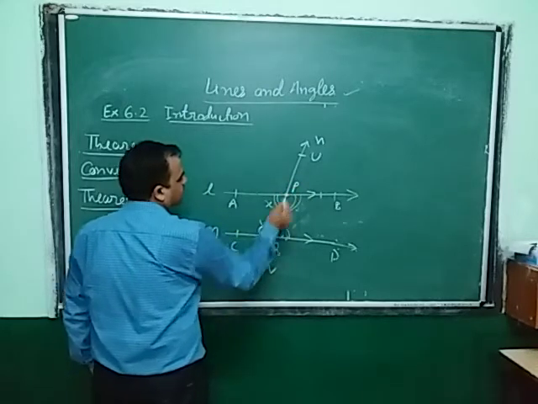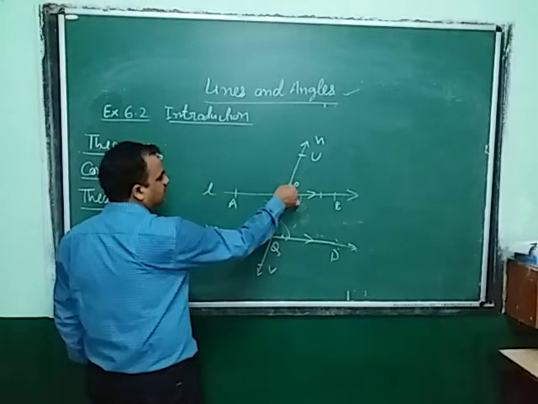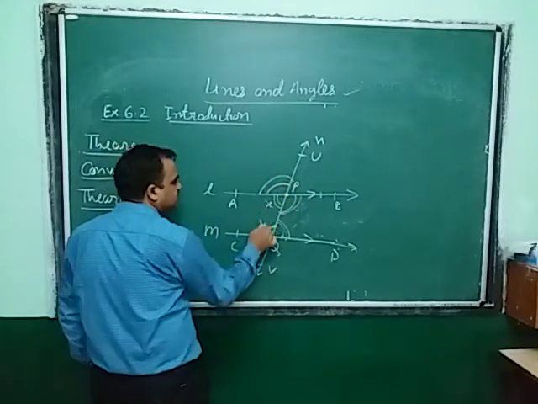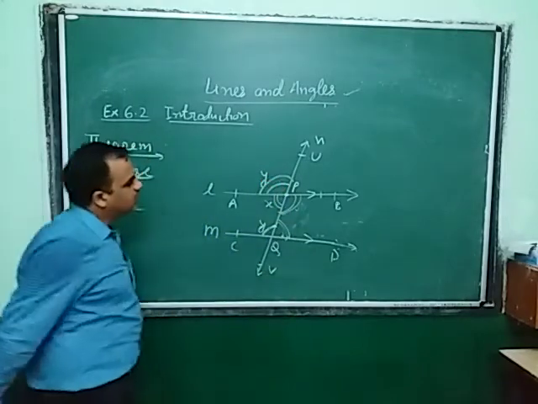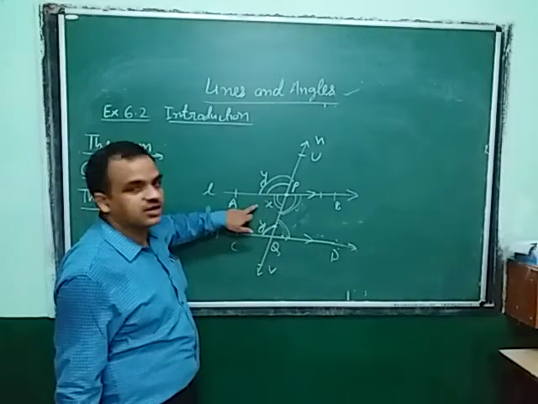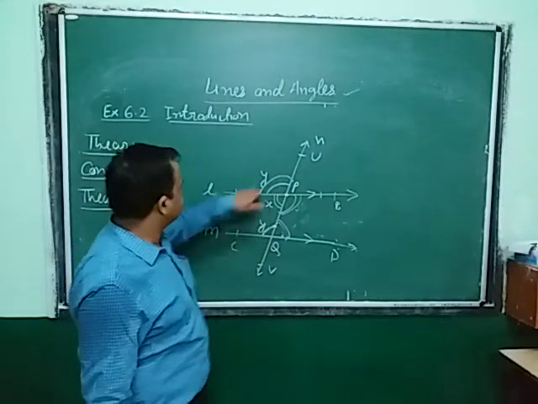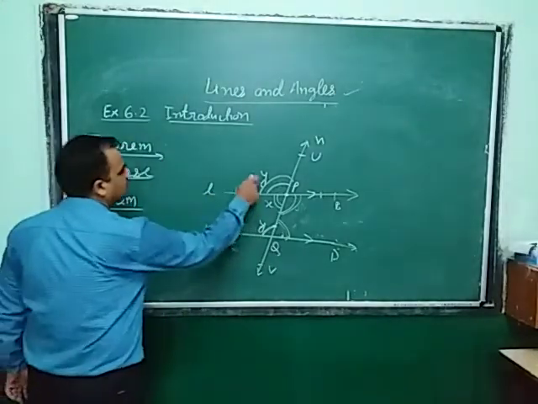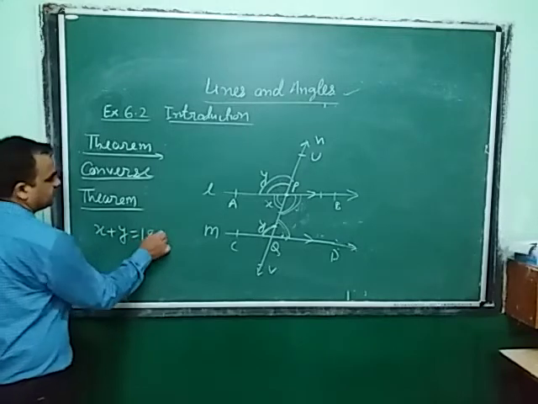This is point P. If this angle is Y, then this angle and this angle are corresponding angles. So this will be Y. Now at this very point, we have two angles X and Y, and these two form a linear pair. So obviously X plus Y will be 180 degrees.